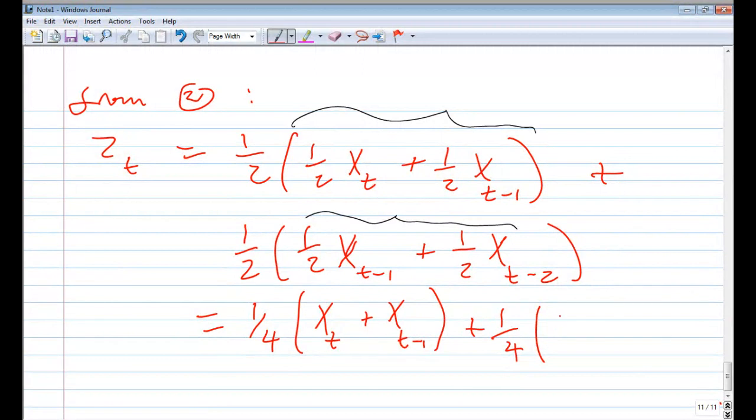Then open brackets, xt minus 1, xt minus 2. Are we together? Then later, you find the common factor, which is 1/4. Take it outside.